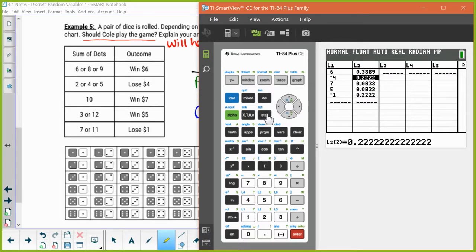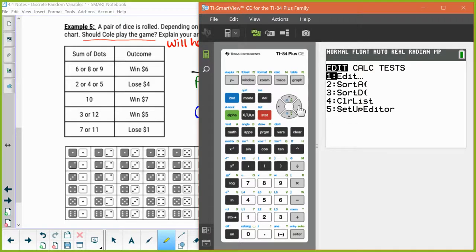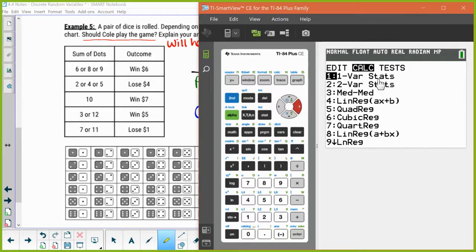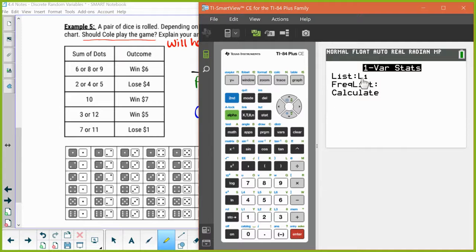Then I'm going to go to Stat again, over to Calc. I have one var stats as option 1. I have list as L1. I want to go to frequency list, so I'm going to just go down. And in order to enter L2, all you have to do is do second number 2. And L2 should populate. You see the little L2 above the 2 key? So L1, L2, and then we calculate.